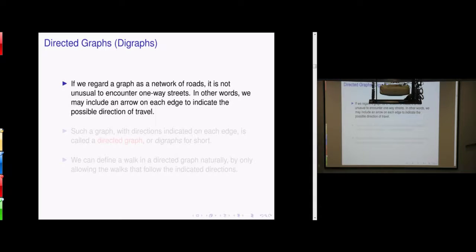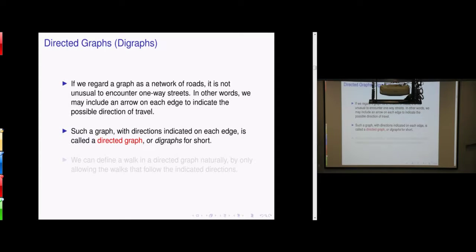The motivation comes from real life. If we regard a graph as a network of roads, it is not unusual to encounter one-way streets. So sometimes you can only travel in certain ways. In other words, we may include an arrow on each edge to indicate the possible direction of travel.